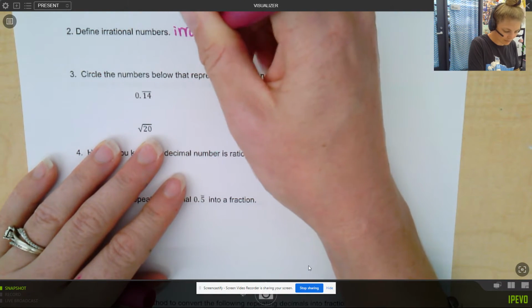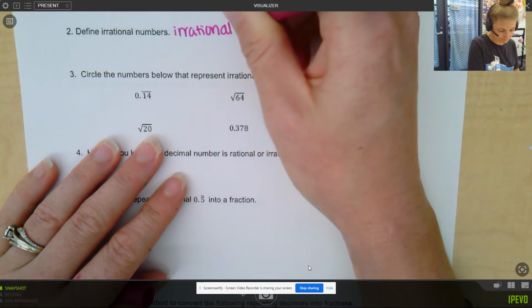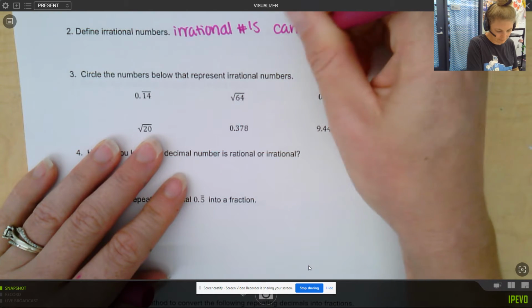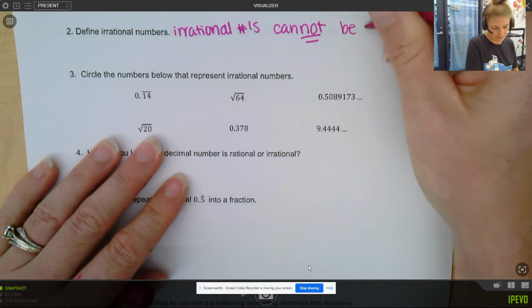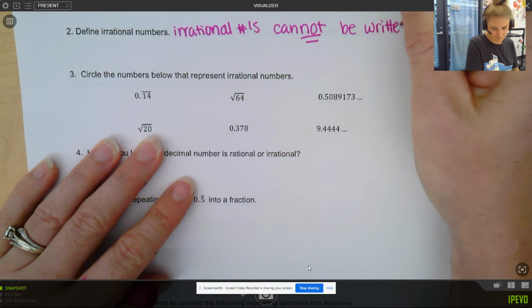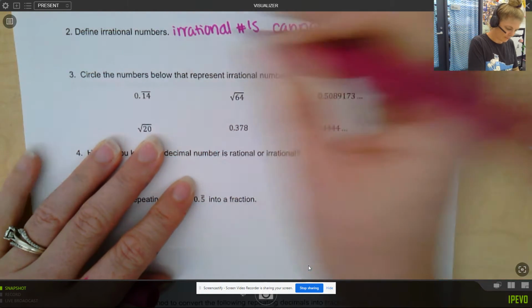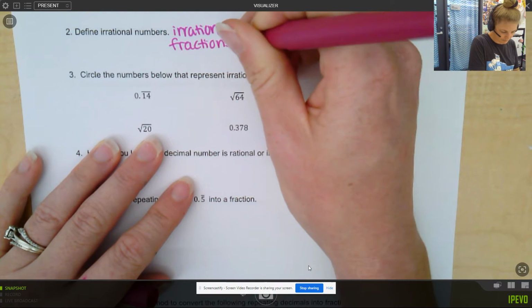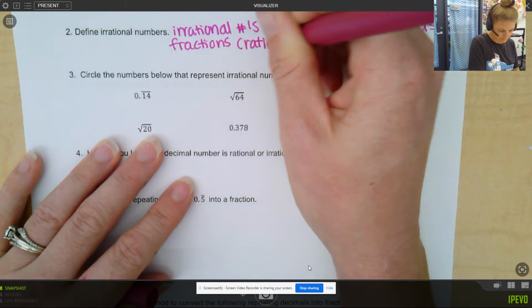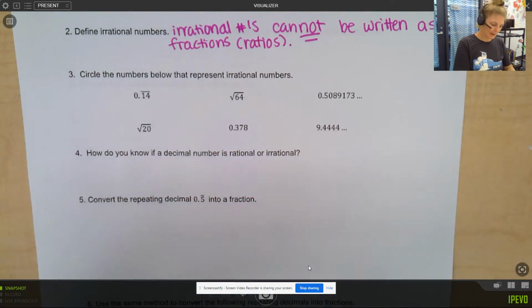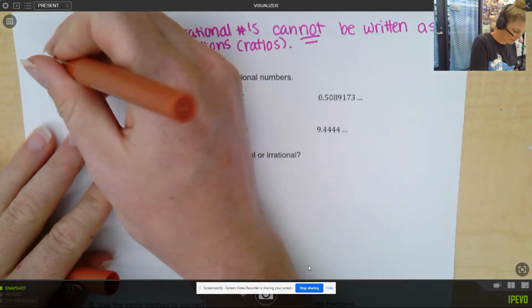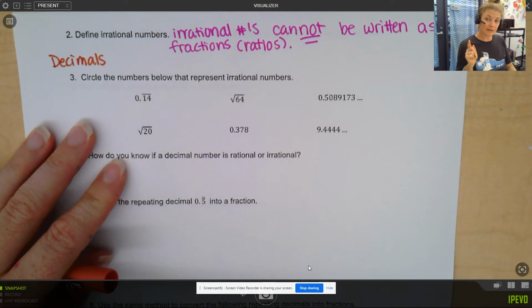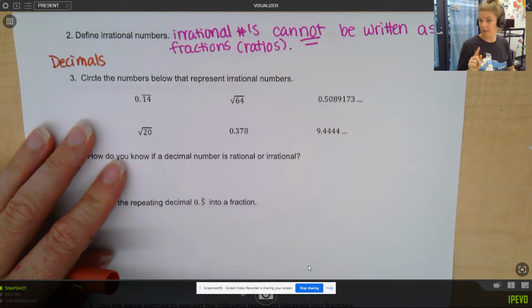So irrational numbers cannot be written as fractions, also known as ratios. And they are decimals or symbols that represent decimals, such as pi or the letter e.